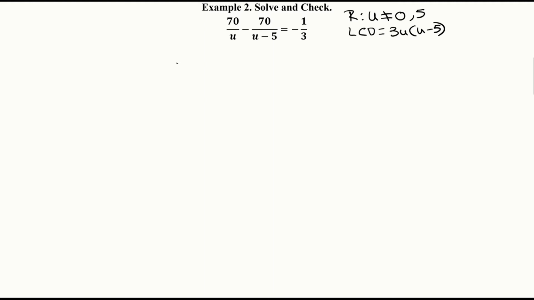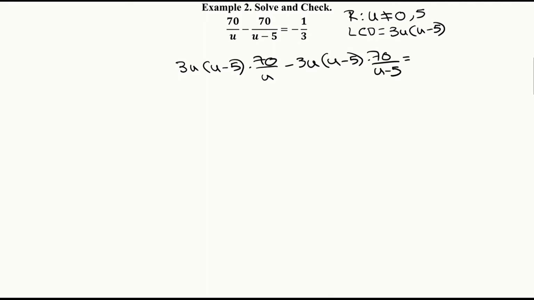So we get 3u times u minus 5, and don't forget we're going to distribute here, so it's going to get multiplied by basically all terms since we have to multiply on both sides. So times 70 over u minus 3u times u minus 5 times 70 over u minus 5.